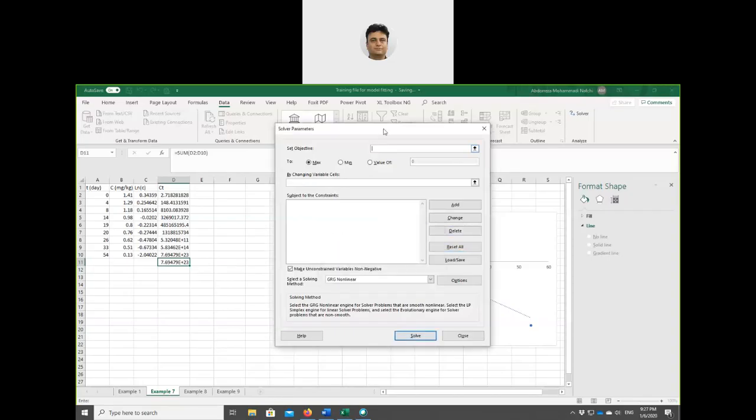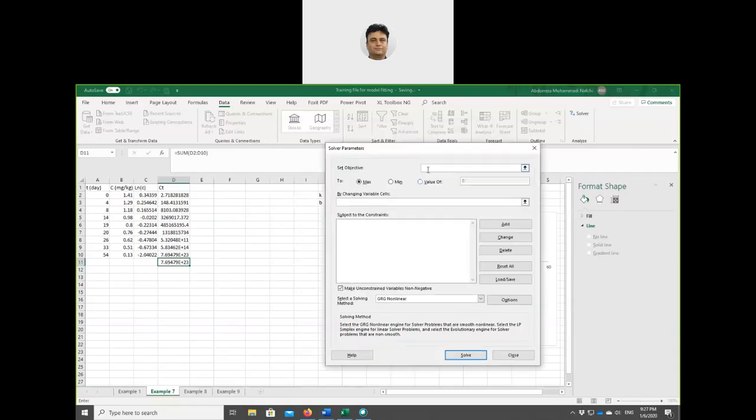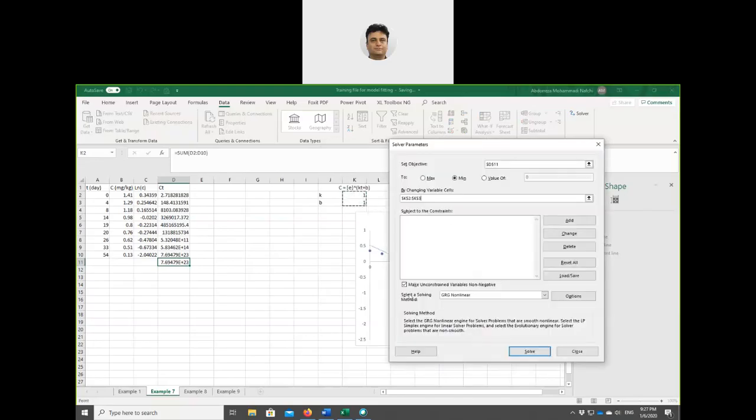Okay, here I want to minimize D11. I want to minimize D11 by changing K and B. This is K and B. Make sure, if you forget to remove this one, all of your data will be incorrect.